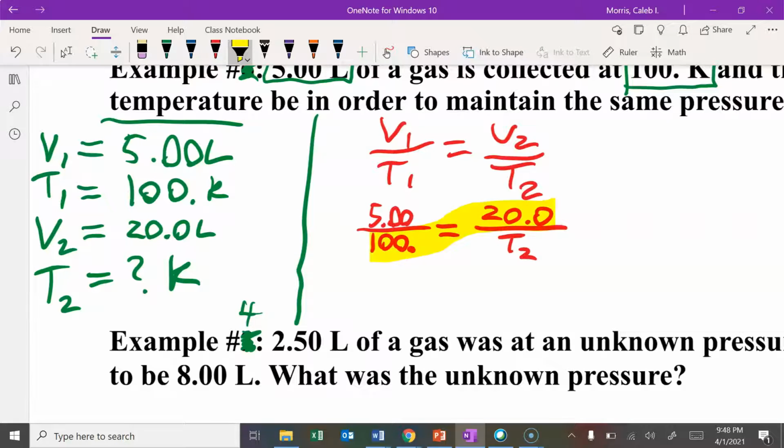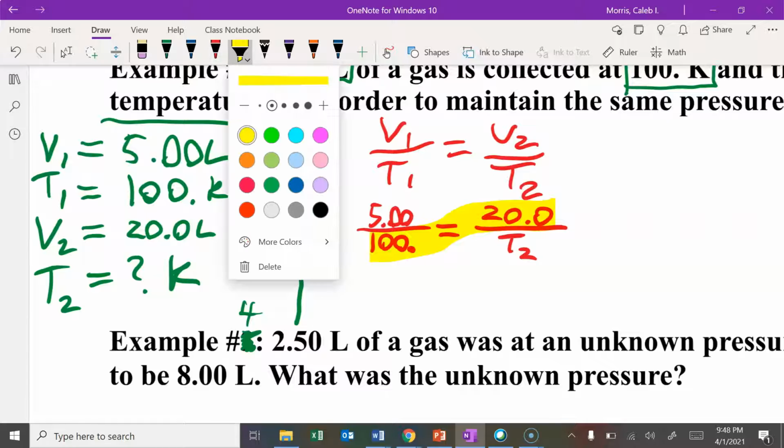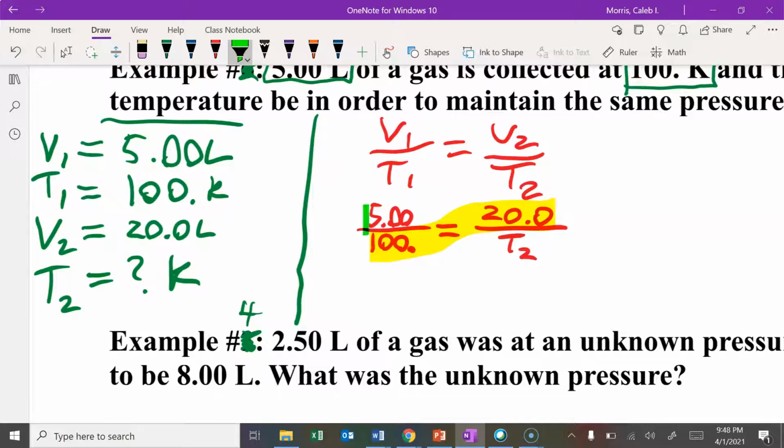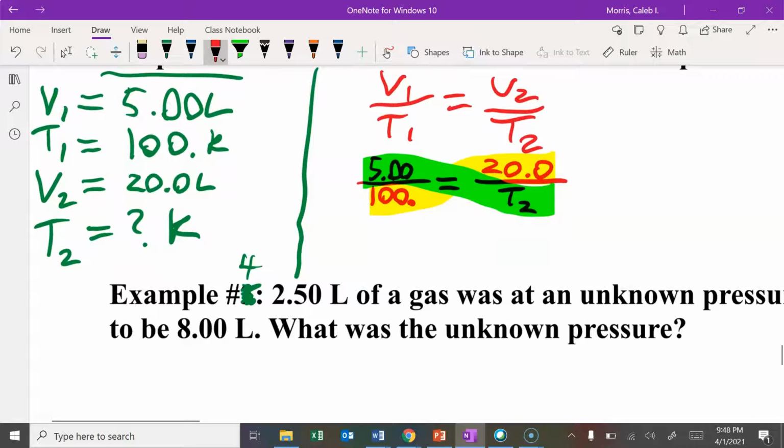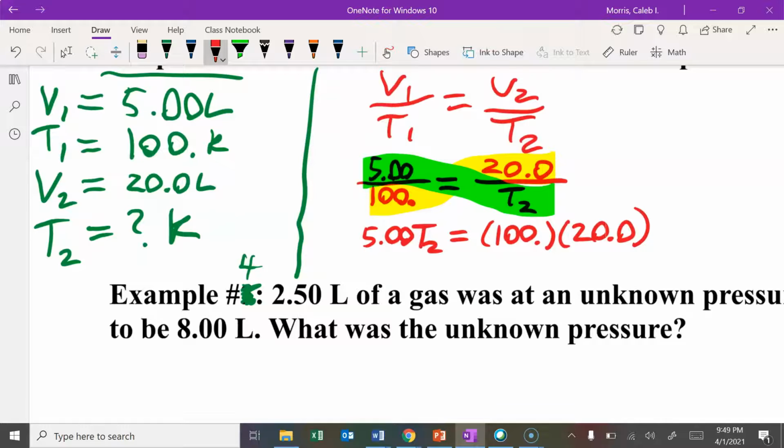and multiply 100 times 20, and I can multiply 5 times T2, so I end up with 5.00 T2 equals 100 times 20, which is going to end up being 2,000.